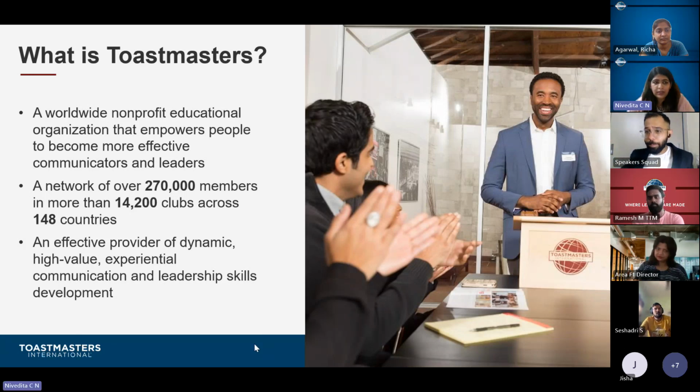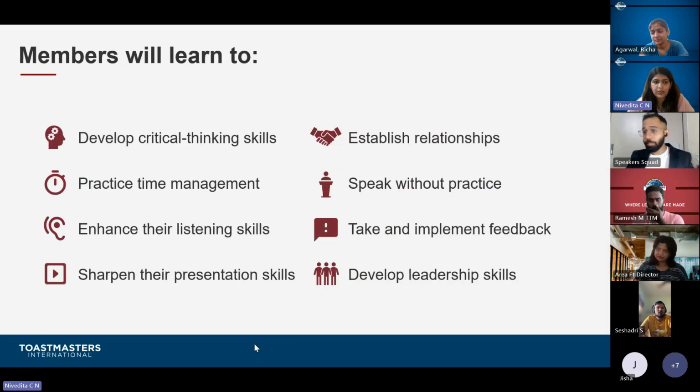So now that we understand what Toastmasters is, we need to understand how Toastmasters helps us in improving our skills, right? We have a plethora of opportunities once we join, because we have different tools and techniques in place which will help us enhance our knowledge and broaden our horizon.